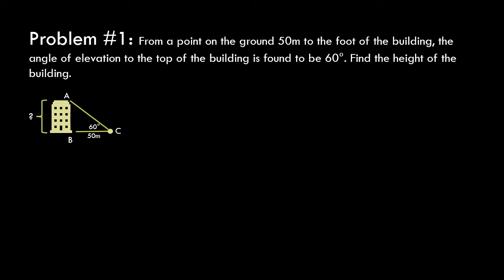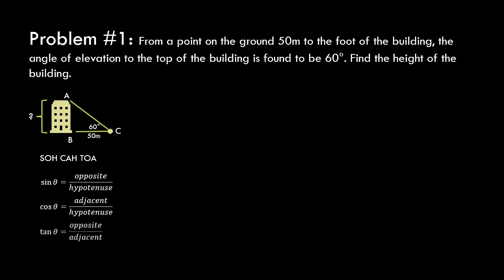And we have a simpler mnemonic for that, which is the SOHCAHTOA. And this SOHCAHTOA stands for sine theta is equals to opposite over hypotenuse, cosine theta is equals to adjacent over hypotenuse, and tangent theta is equals to opposite over adjacent. So we will know when and how to use these functions depending on the angle, the given, and the thing that we are looking for.